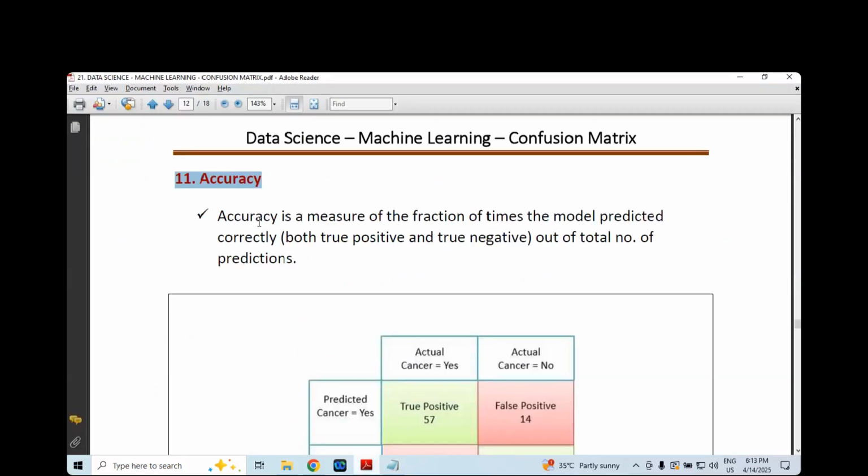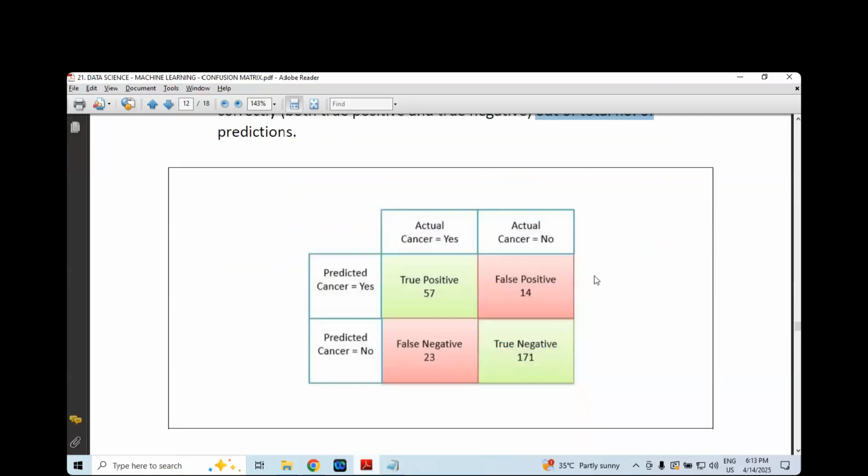Accuracy is a measure of the fraction of times that the model predicted correctly. We already know: model predicted correctly means true positive and true negative combination, yes and yes, and no and no, out of the total number of predictions. Make a note on this.